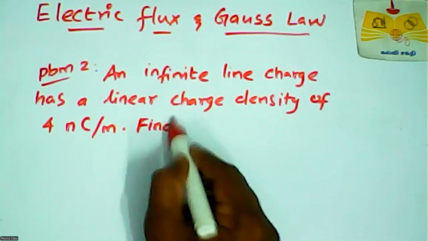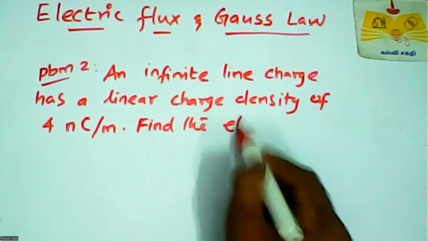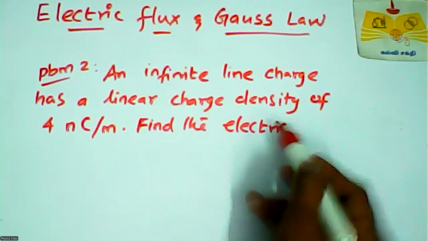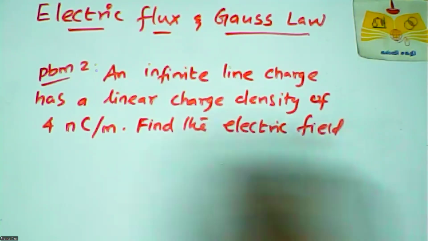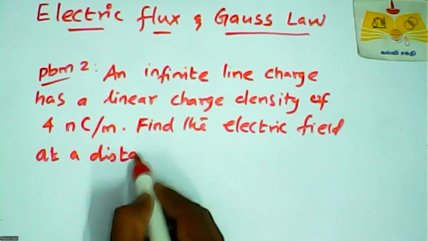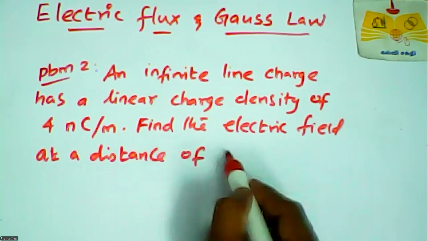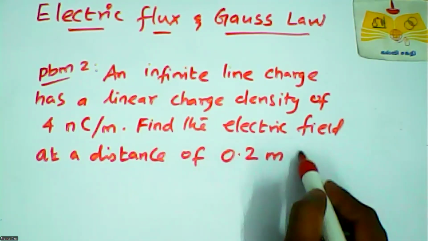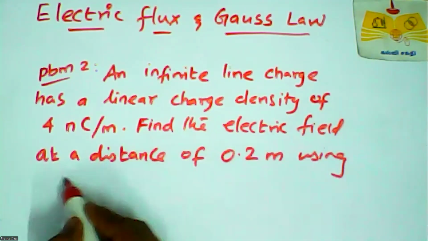Find the electric field at a distance of 0.2 meter using Gauss law.